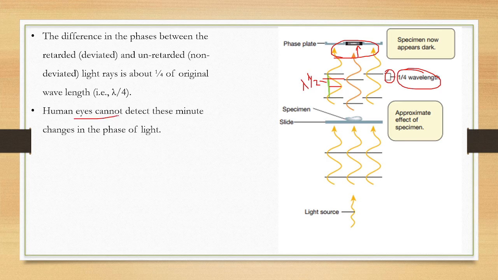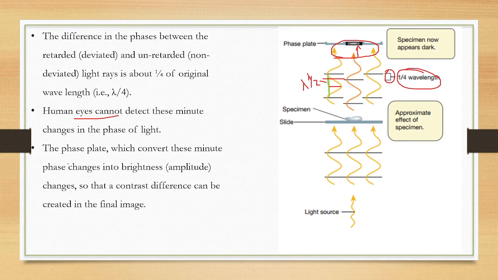So what to do next? Then we use the faceplate, which converts these minute phase changes, these lambda by 4 wavelength changes, into brightness or amplitude changes, so that a contrast difference can be created in the final image.